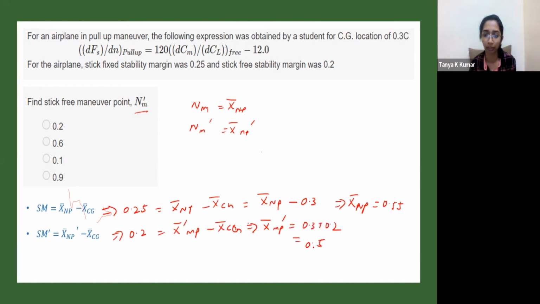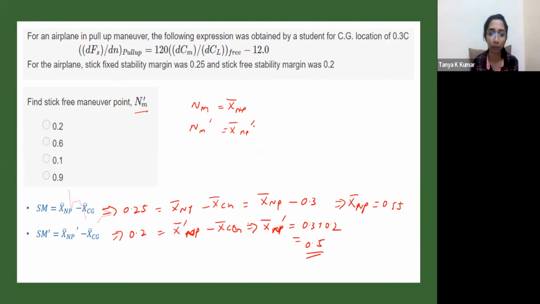So you get 0.5, right? Okay, this is the neutral point. So the stick free neutral point is 0.5.